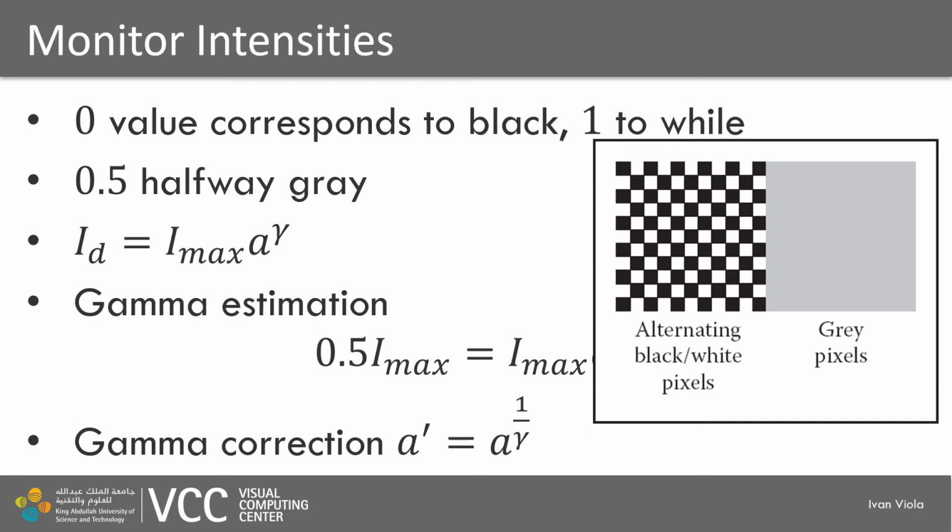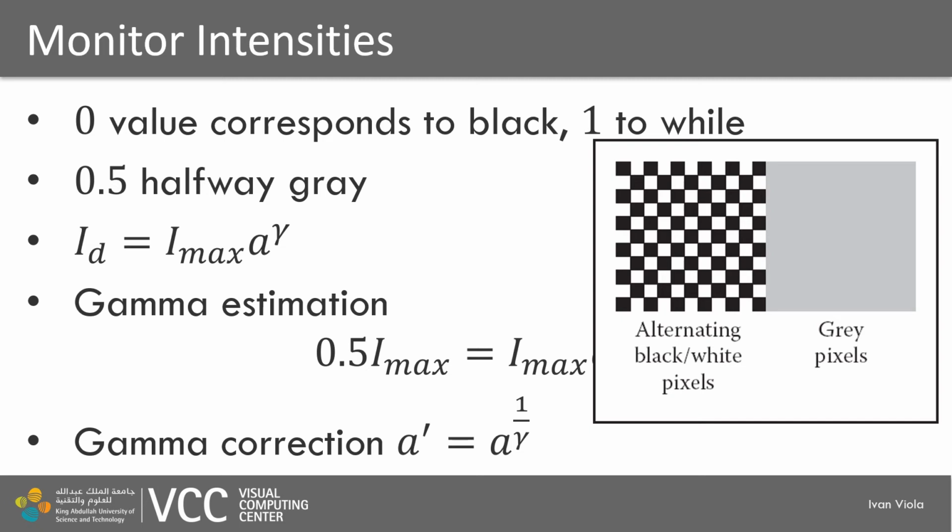Often it might be that the input value without gamma correction will be a 0.5 gray image, but in reality what will be displayed on that hardware will be something corresponding to a 0.25 gray value, so much darker than the midpoint.